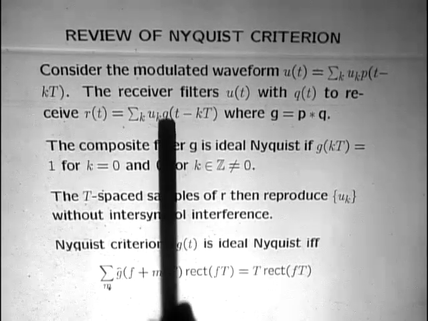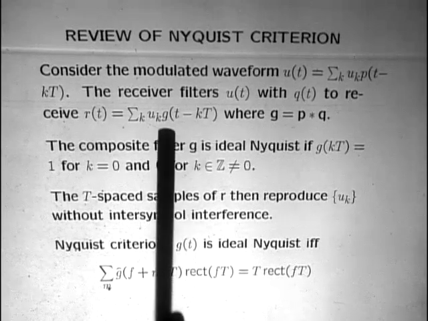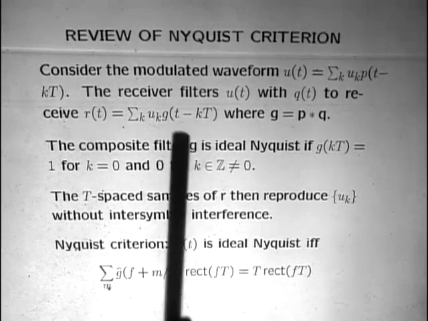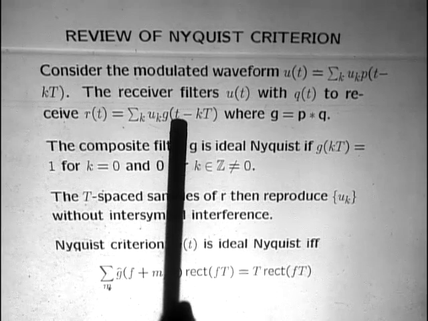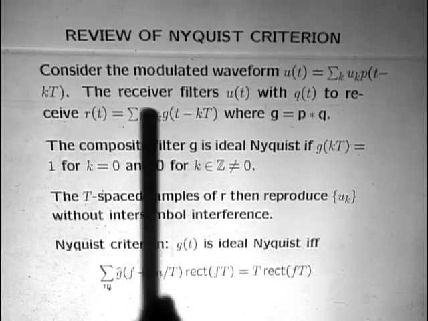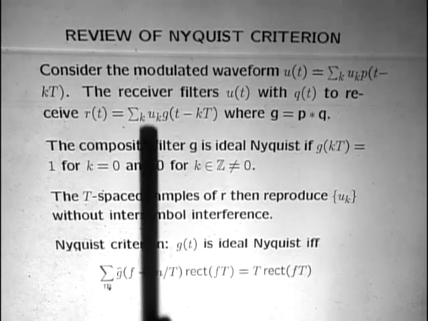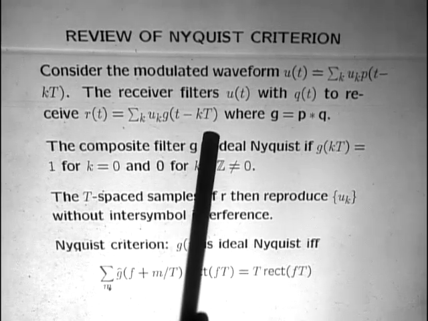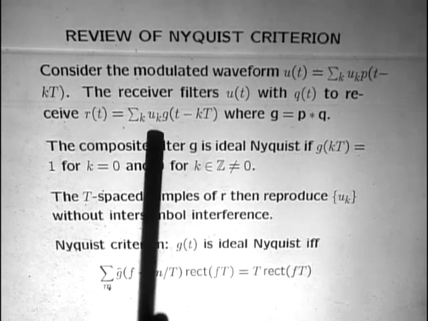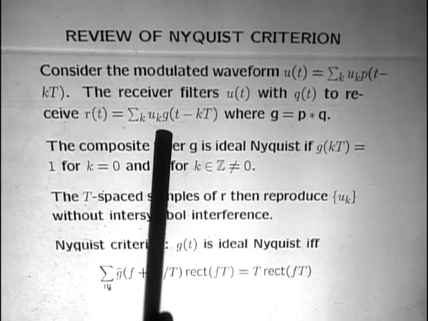In other words, if G of t is equal to 1 at t equals 0, and it's equal to 0 at each other sample point, then all we have to do is take this waveform, simply sample it each capital T seconds, and we get these coefficients out automatically.